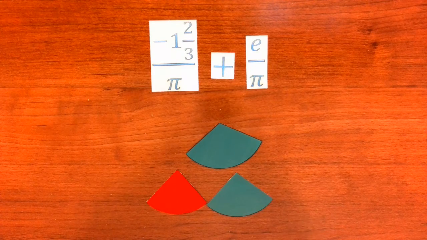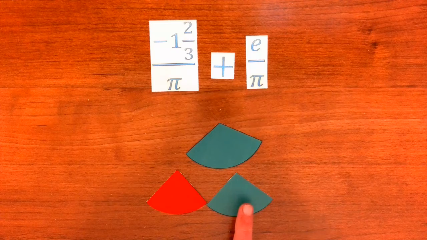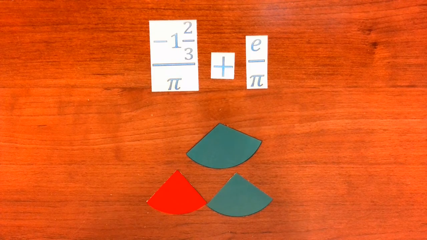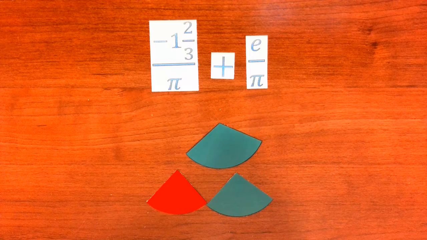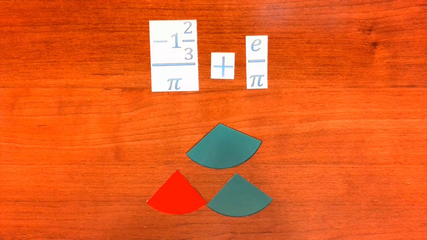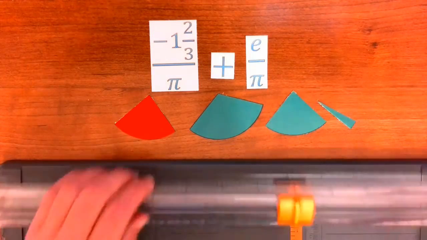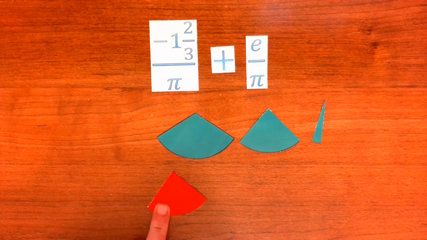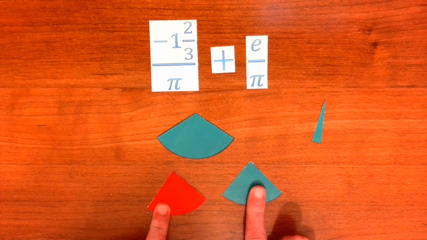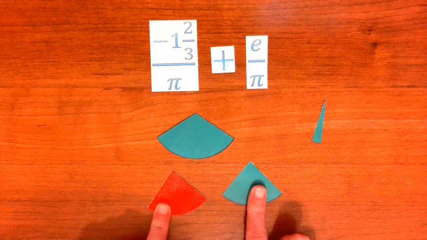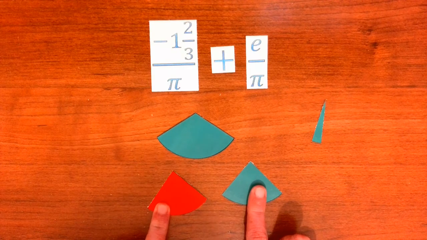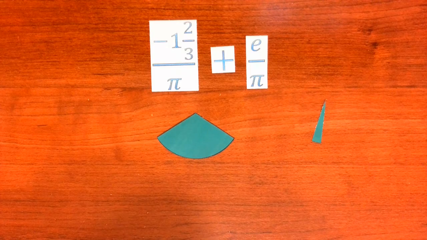So what I'm going to do is I'm going to cut up this piece into 2 parts, one of which would be approximately negative 0.6667 over pi, and the other would be the leftover. Well, let's go and do that. So now we can take this piece that's approximately negative 0.66667 over pi, and this piece that's approximately positive 0.66667 over pi, add them together, get 0, and remove them from the scene.